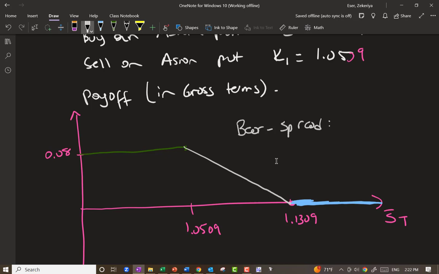But that's your view. You don't believe it's going to be below 1.05. Well, if it is, you say, okay, I can live with that. But this is going to end up reducing your total option premium. You're effectively telling the option writers, okay, you're going to pay me if it is below 1.1309, but I'm going to cap how much you're going to pay me.